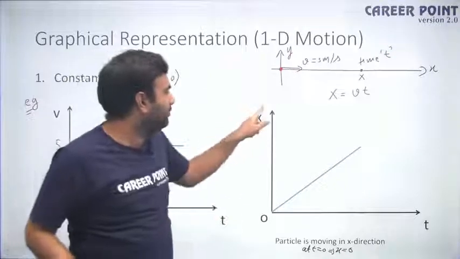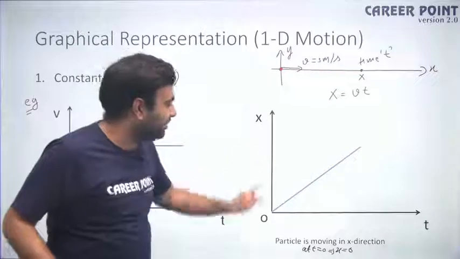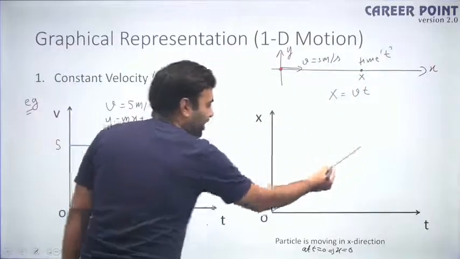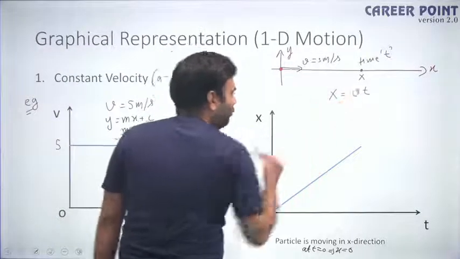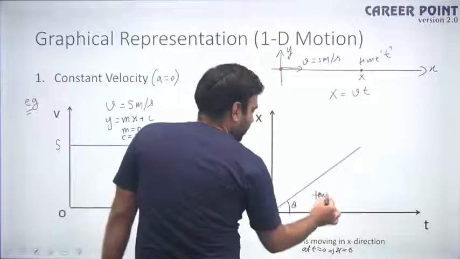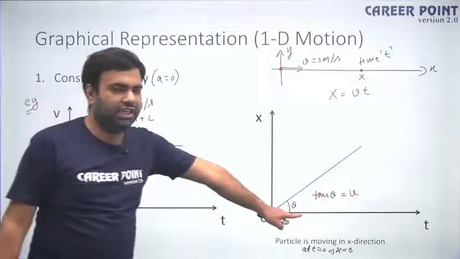So don't get confused between this x and this x axis. This x is representing the displacement. So here also c is equal to 0. That is why this graph is passing through the origin, and slope is equal to v. This theta, tan theta is equal to v. Clear?